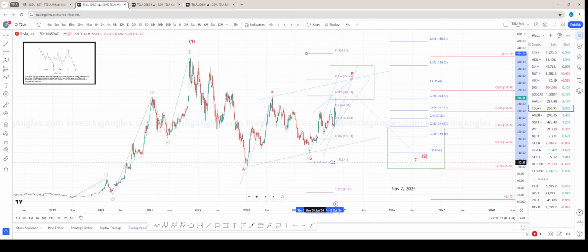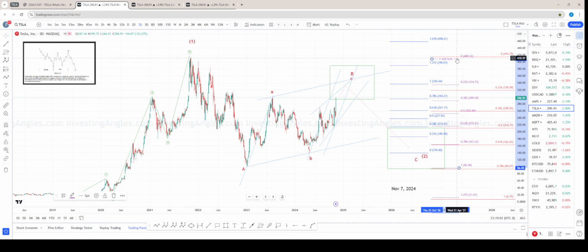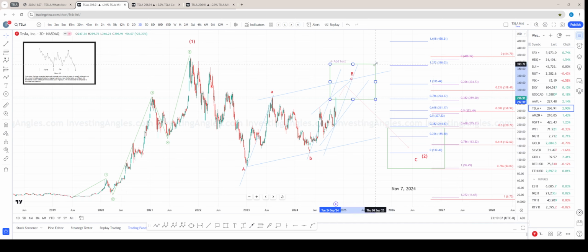So, let's say if this one goes here, this one goes here, then this one would start somewhere here. So perhaps we should move it somewhere here, because this would be our expectations. So this is the possible target for wave C or B.